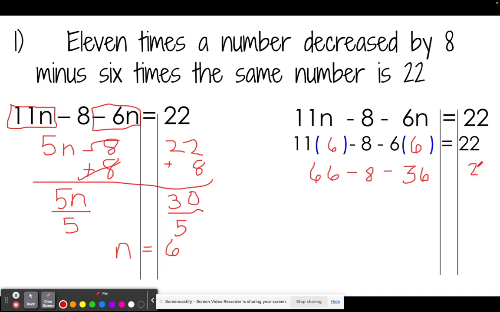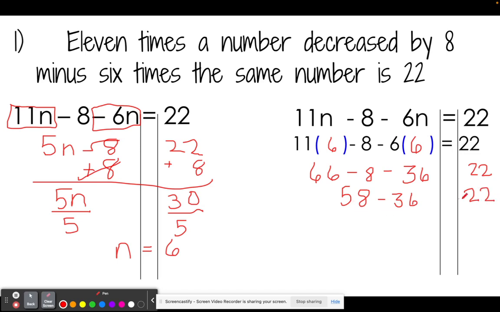Now let's see, what is 66 minus 8? Well, that sounds a lot like 58 minus 36. Will get me 22. It's 58 minus 36, 22.